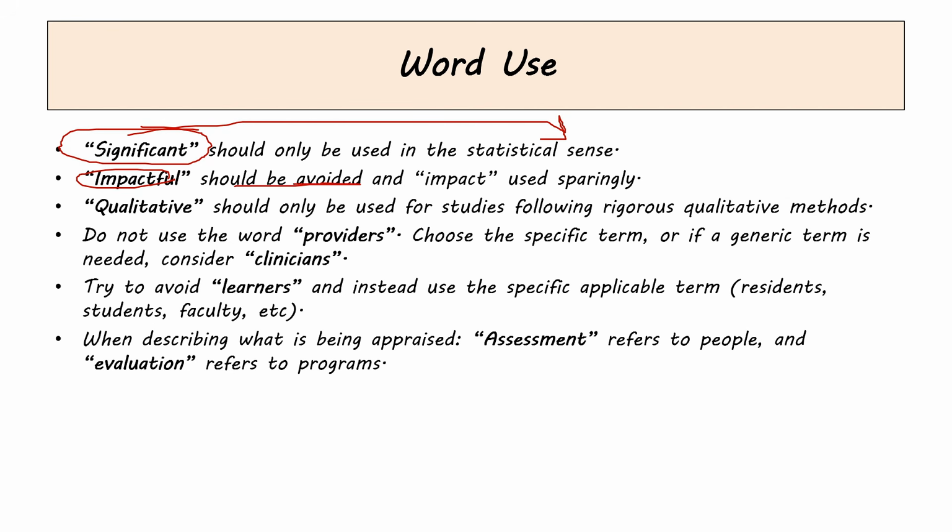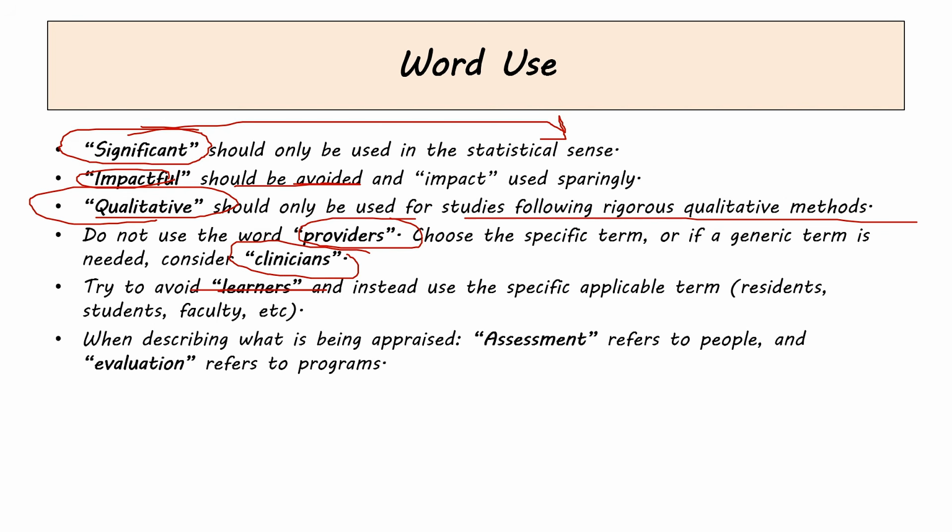Also, qualitative, don't use qualitative except for studies following very strong qualitative methods. Okay, and also don't use the word providers because it is a general term. Always be specific and clear. For example, consider clinicians, or physicians like that, and try to avoid learners.